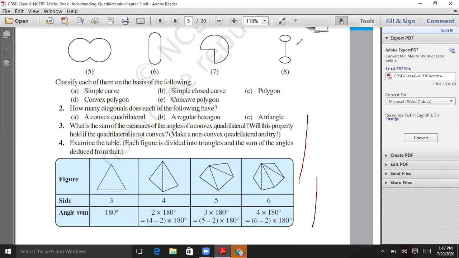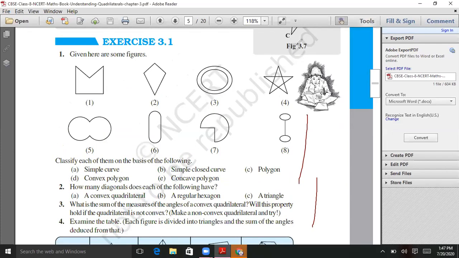If you take a convex quadrilateral, it will be like this. Let's take the second one as an example. This is a convex quadrilateral. How many diagonals will it have? 4 vertices are there. Join 2 opposite vertices. So how many diagonals are here? 2. In a convex quadrilateral, 2.